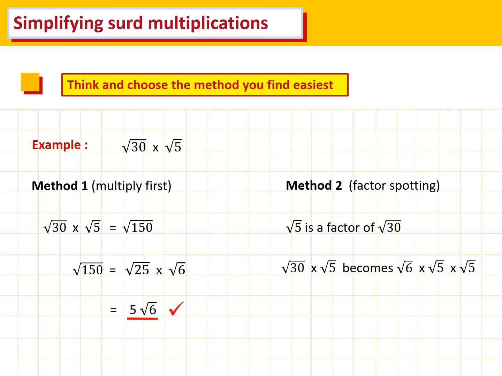So root 30 times root 5 becomes root 6 times root 5 times root 5. That bit there is root 30, and then we can put the root 5 times root 5 together. The square root of 5 times the square root of 5 is the square root of 25, which is 5. So we end up with root 6 times 5, which is 5 root 6.